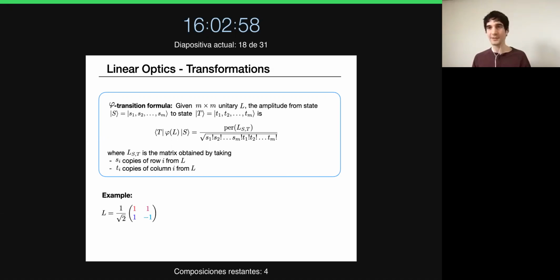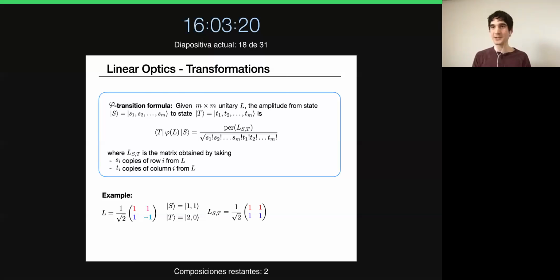Here's the same example, except now I've color coded the entries of the matrix. This is the operation we want to apply. If we start in the state that we started with earlier, with one photon in each mode, we wanted to look at the amplitude on the state that had 2 photons in the first mode and 0 photons in the second mode.